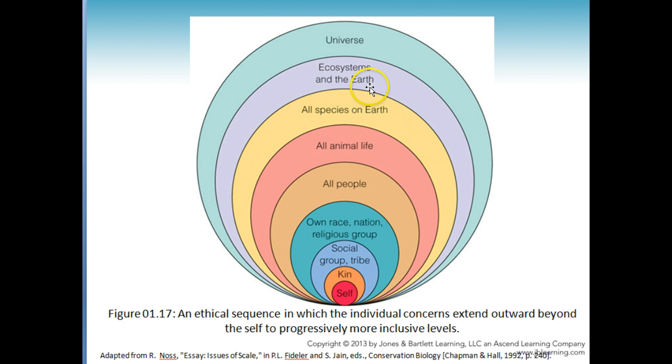And you'll see that the ecosystems of the earth are way out here after all of these inner ones are met. As I said before, whether you believe this model or think it is debatable, it does show the strong link between social science and environmental science.